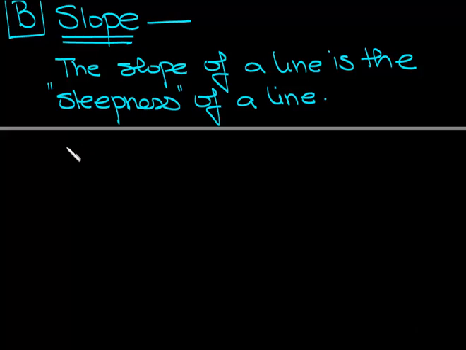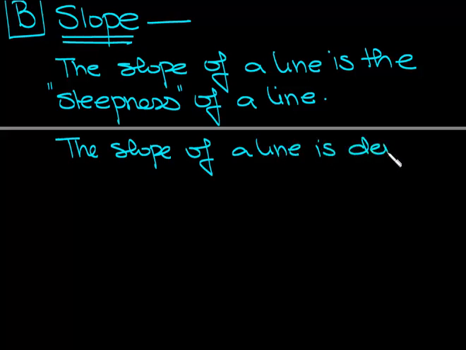The slope is usually always denoted by the letter m. So let me write that down. The slope of a line is denoted by m. You don't have to, but usually that's a convention people use. So the slope of the line is the steepness of a line, and it's denoted by letter m.